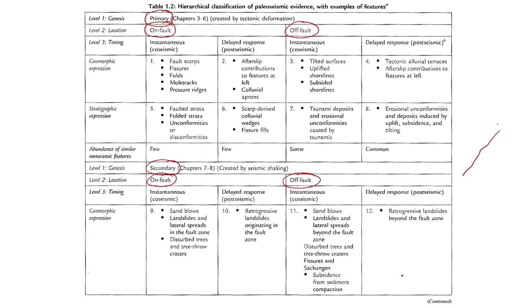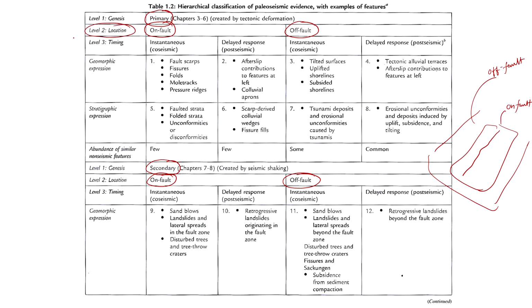Whatever evidence you see close to this region will be your on fault, and if you are away from that, then we term this off fault. So, one important part is the location.